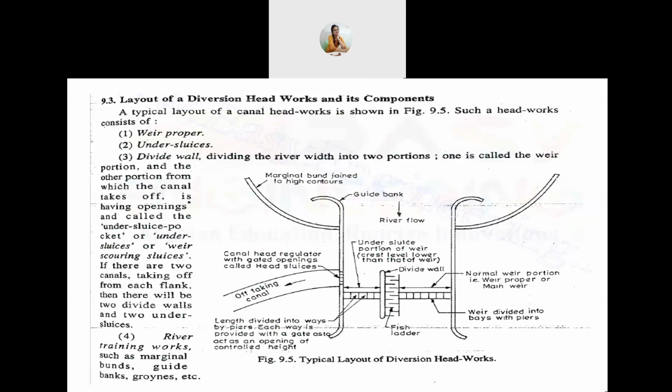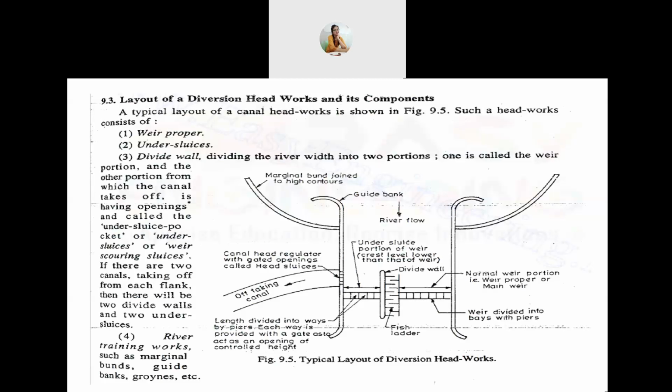So this is a layout of a diversion headworks and its components. A typical layout of a canal headworks is shown in figure 9.5. Such a headwork consists of: number 1, weir proper; number 2, under sluices; number 3, divide wall, dividing the river width into two portions. One is called the weir portion, and the other portion from which the canal takes off has openings and is called the under sluice pocket or under sluices or weir scour sluices.